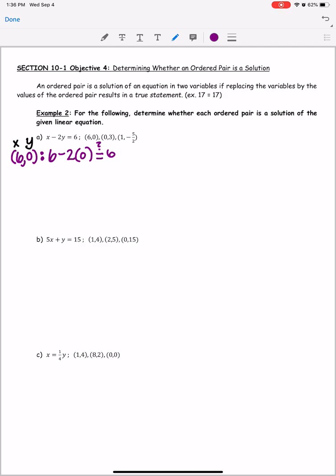So 0 times anything is 0, so that goes away. So we're going to get 6 equals 6. That is a true statement. So is this ordered pair a part of the solution? Yes, it is.